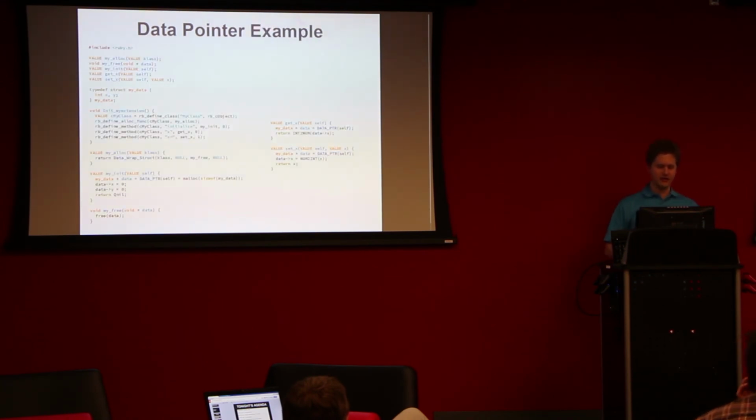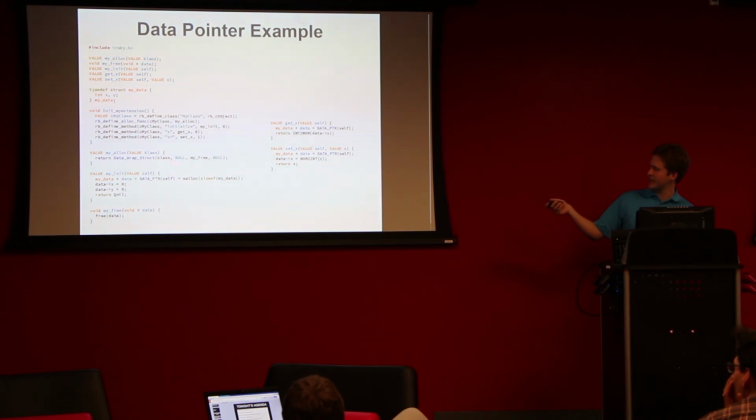Anyway, I put that all together into this example here that kind of puts all the pieces together and makes that work. There's a struct here that I define called myData. It has an integer x and an integer y. When we define the class, we tell Ruby what allocator function to use. And in the allocator function, we allocate space for the pointer.